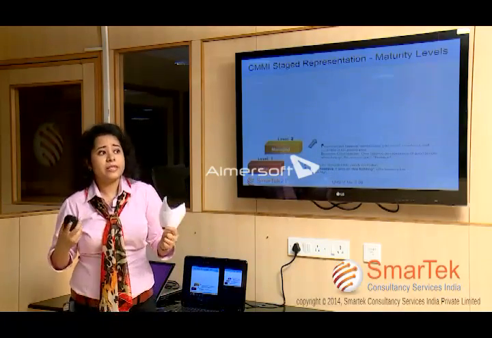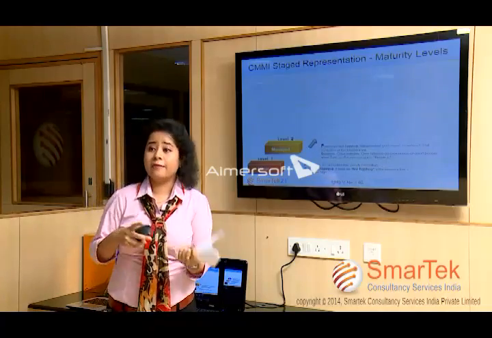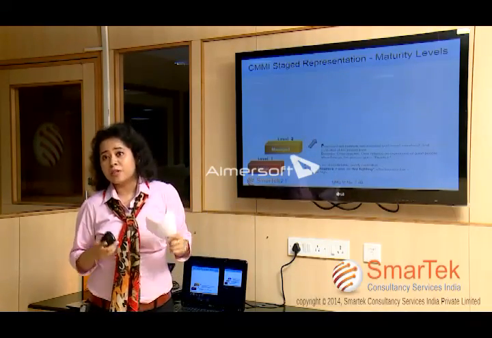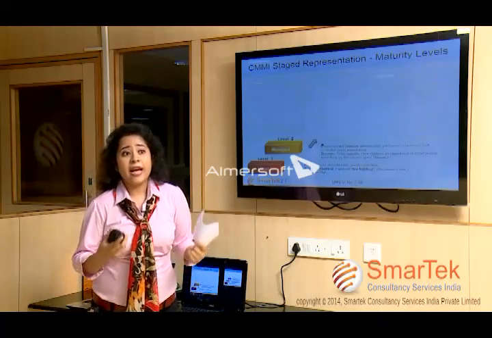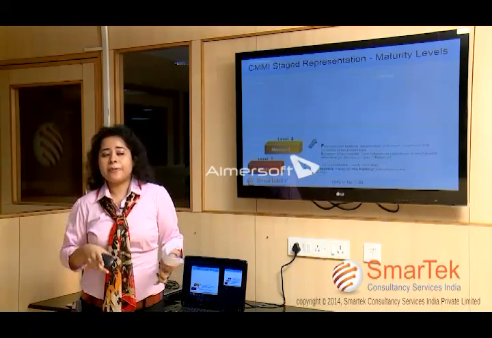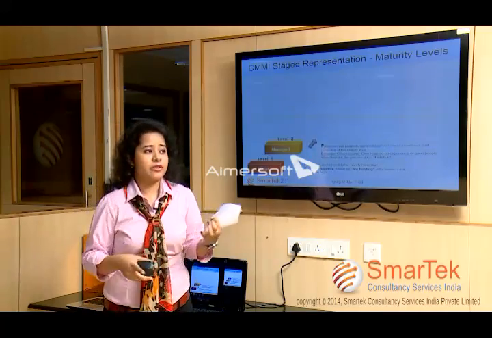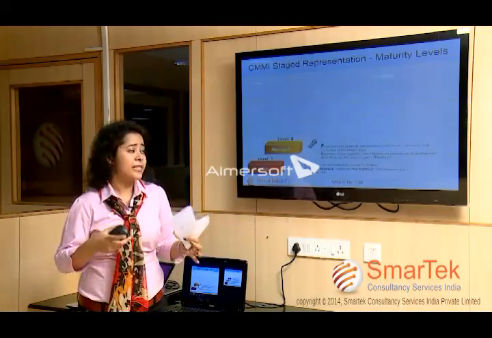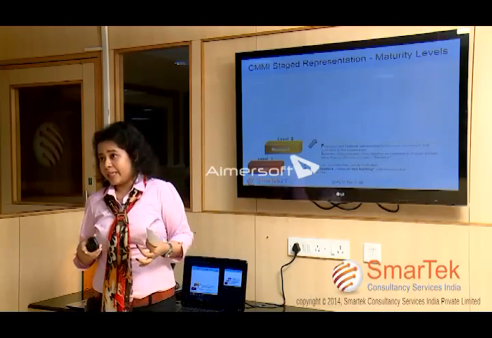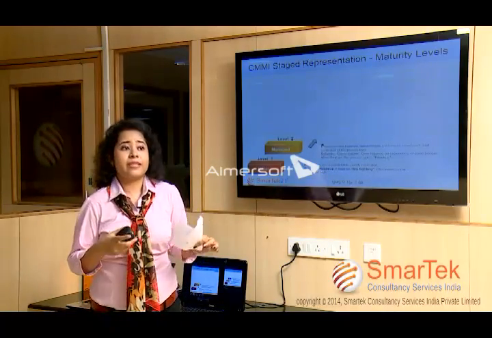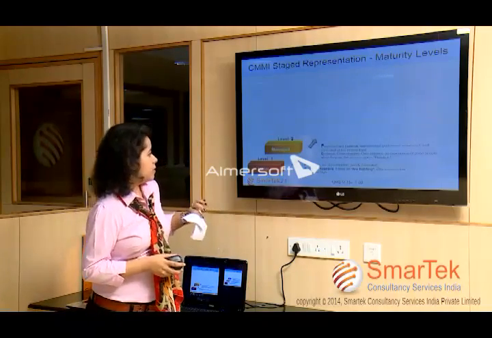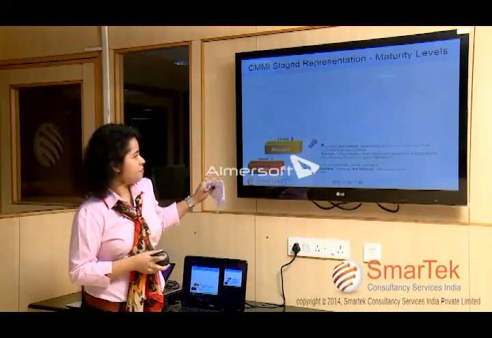But the management does not have an idea which best practice led that team to be so successful. So it is more on the heroics of that person, and if that person leaves the organization, they are not able to produce the same result again. They do not have a knowledge transition plan. They do not have anything documented by which the same results can be replicated. So they are unable to produce the same result in the absence of that heroic person. So that is level 2.